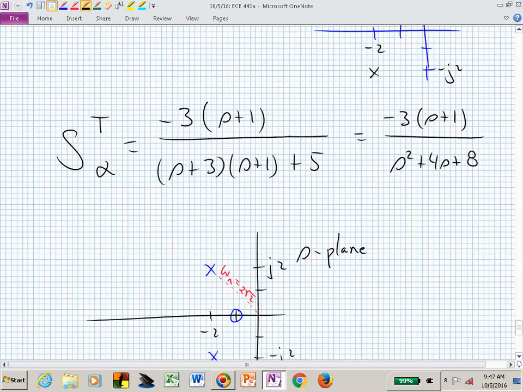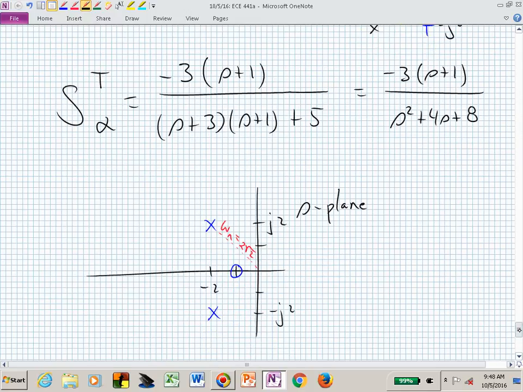Do we get to the poles before we get to the 0? What's the frequency of the 0? This is -1. It's at 1 radian per second. So which do we hit first, 1 or 2.8? 1. So now we hit a 0 first.